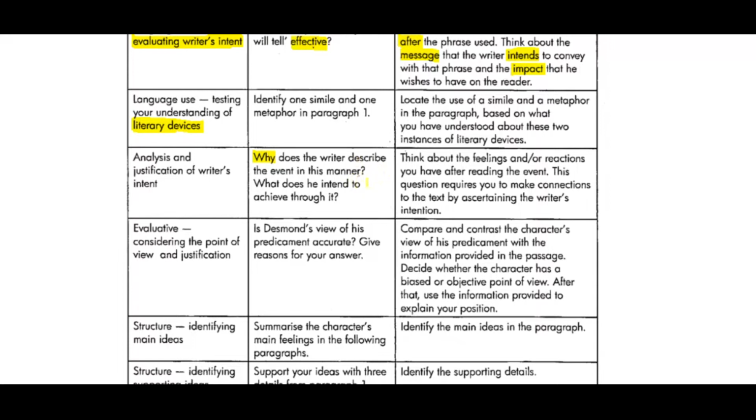You don't just have to analyze and find out what his intention is. You need to justify it: why is he having this intention, or what does he intend to achieve through his words?